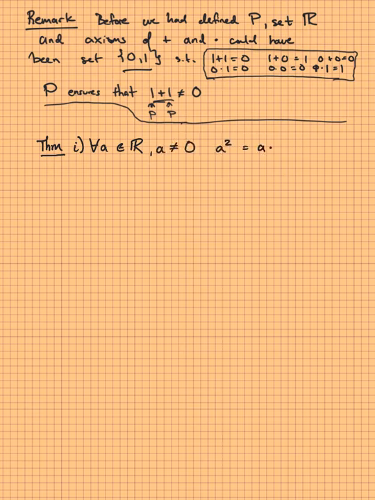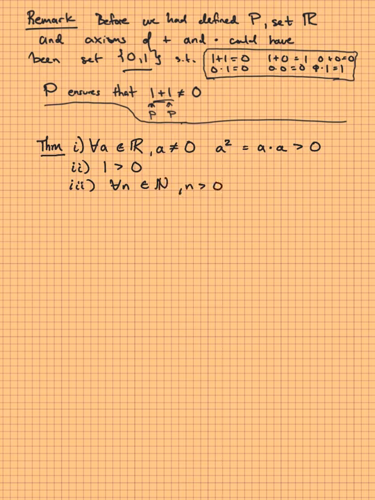The second one says that 1 is bigger than 0. That's a nice thing to know. And the third is that for any n in the natural numbers, n is greater than 0.